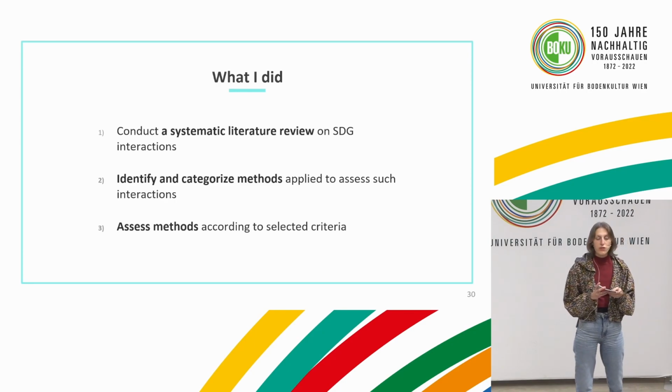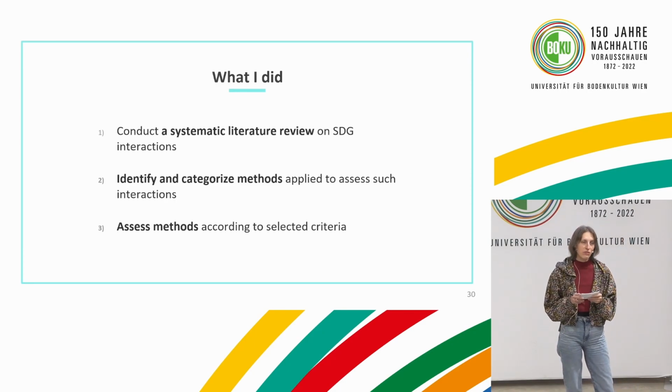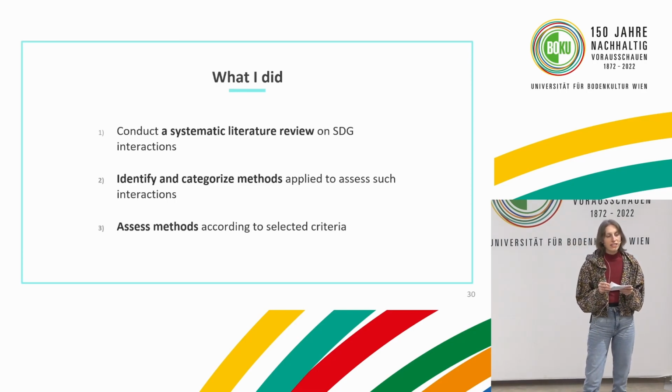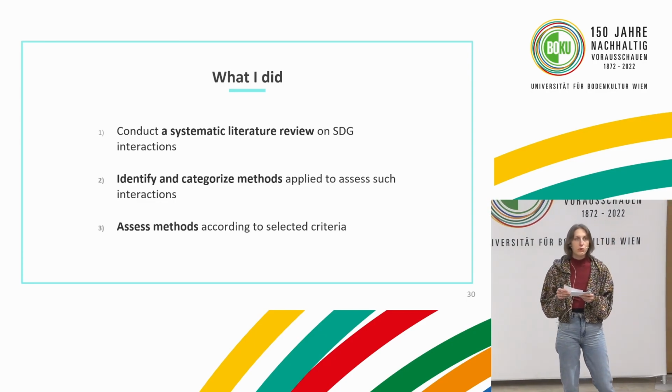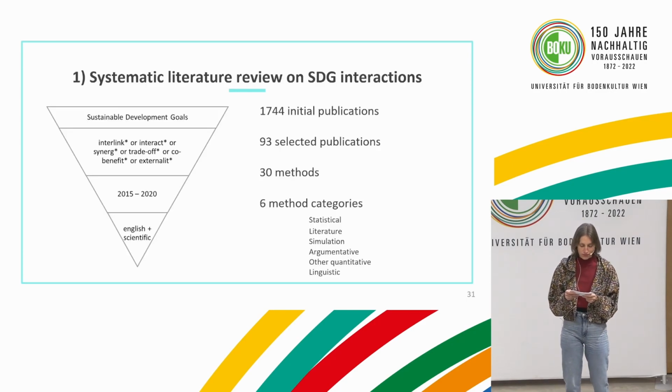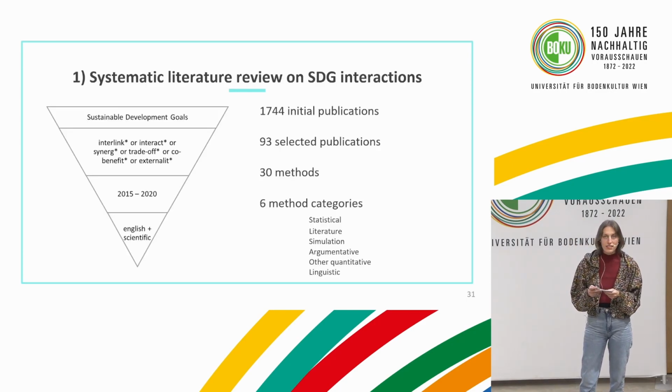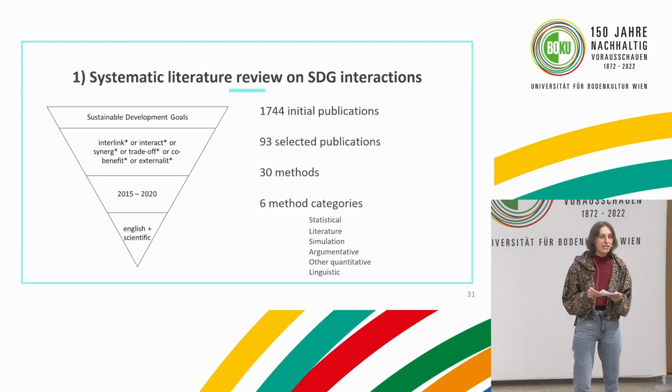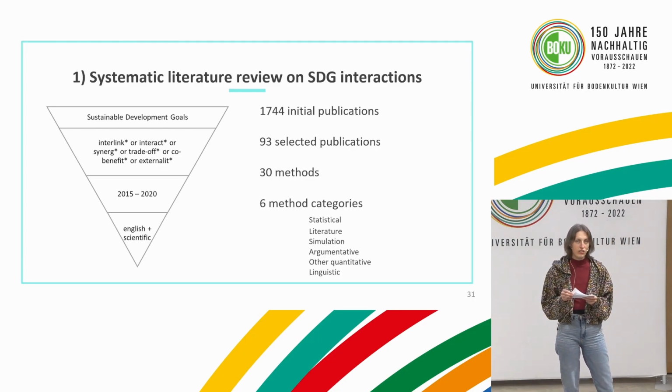To do that, we first conducted a systematic literature review on SDG interactions. Then, second, we identified and categorized these methods. And then we assessed them according to different criteria that allowed us to answer our research questions. In the first step, we initially got 1,744 publications.